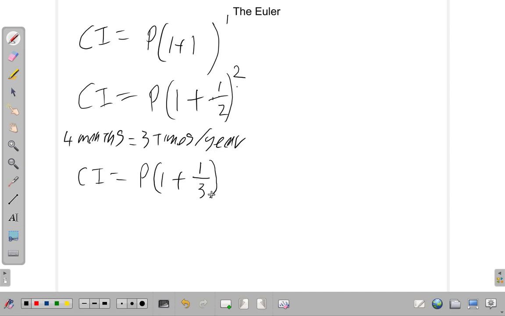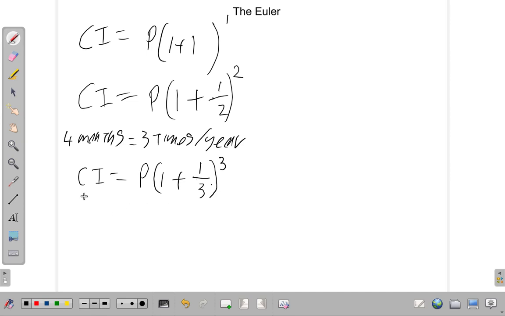Now, this happens 3 times for the year, so you must raise this to the 3. And remember, if you're confused about how you came up with the raised to the power and the original formula that says P is 1 plus R over 100 to the power of n, you'd have to review your compound interest formula and how it is formulated, but we won't go into it in this video.